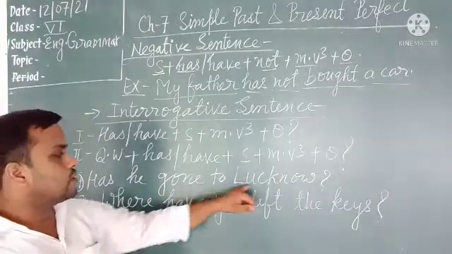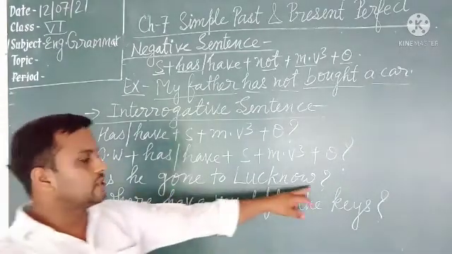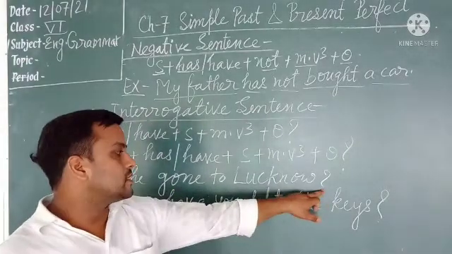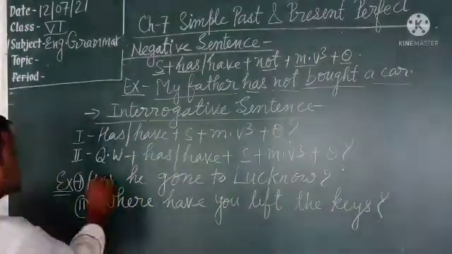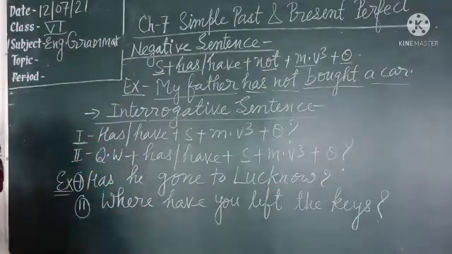Has he gone to Lucknow? And at last there will be a question mark, because the question mark is compulsory in an interrogative sentence. So this example is following the first structure.